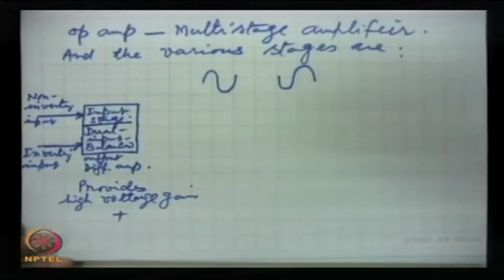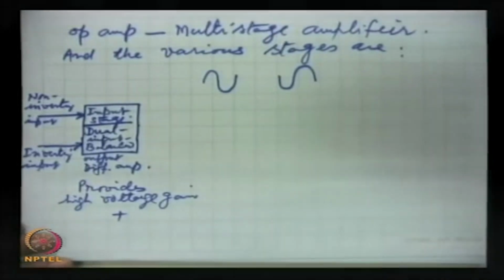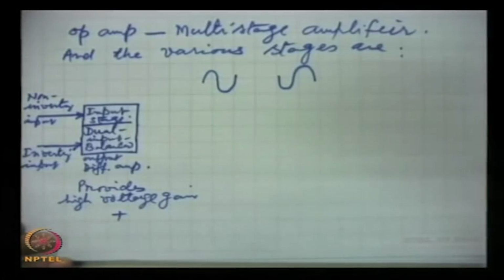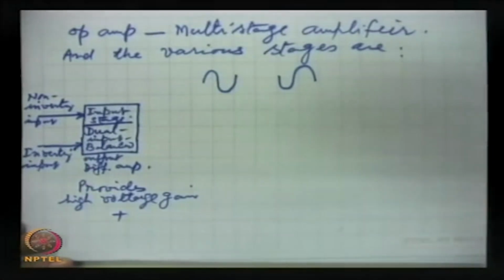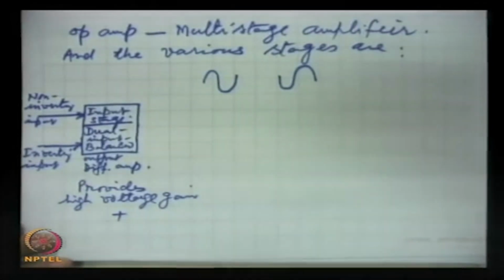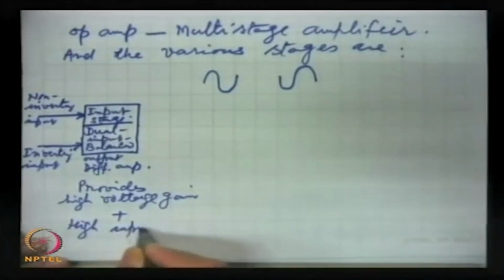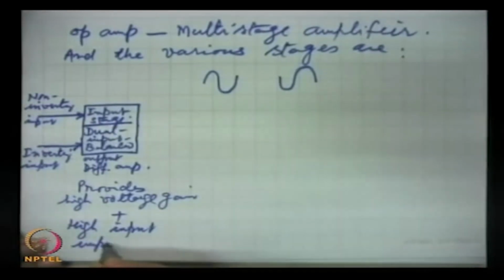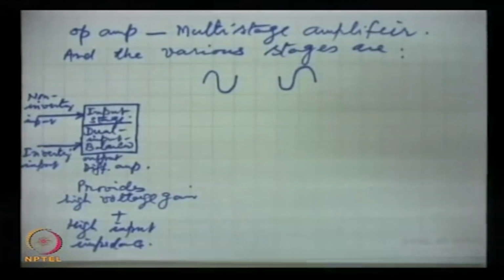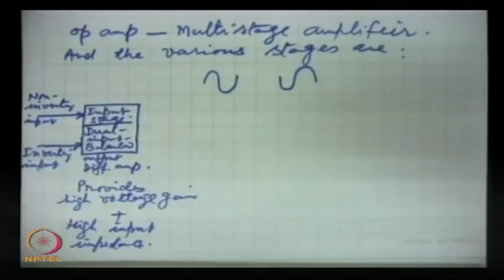And remember that we said that a differential amplifier has a very high input impedance. So, high input impedance. This is the first stage.